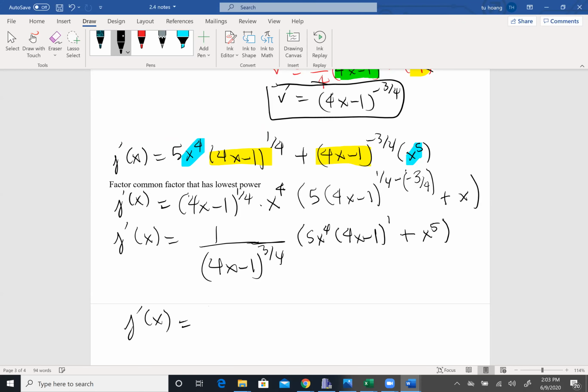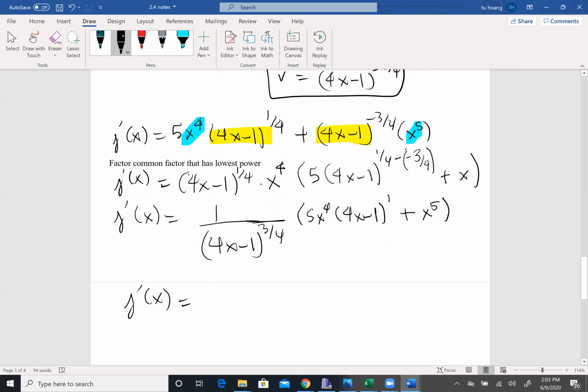See, I did factor out 4x minus 1 to the negative 3/4, and also factor out x to the power 4, and now I'm gonna just have only x. All right, so now I should not have x to the fifth here. I should have only x. Okay, I'm gonna change it, become 1. Okay, now I can combine this and also have this as the x to the 4 here.